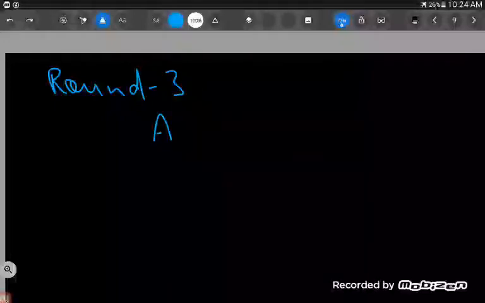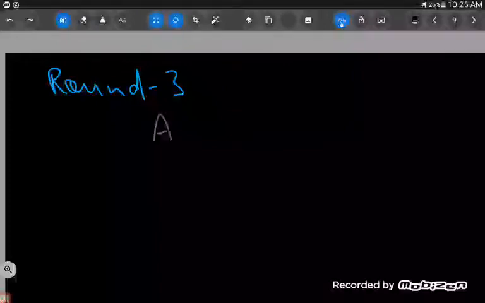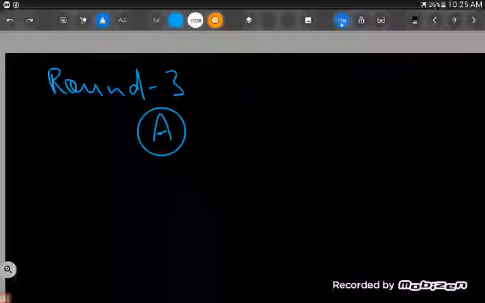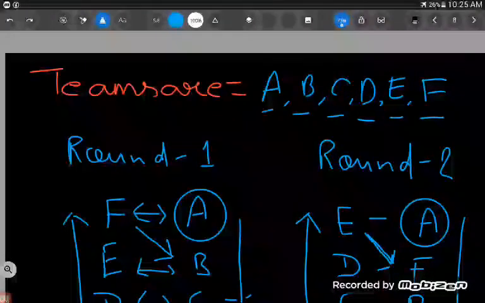Round third. Which team is fixed? Team A. And the remaining teams will rotate clockwise.